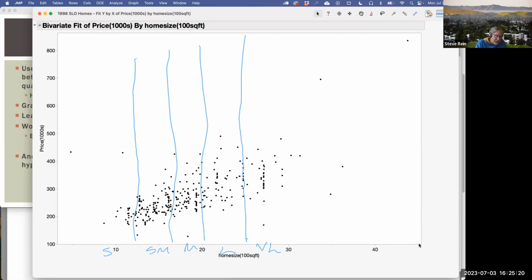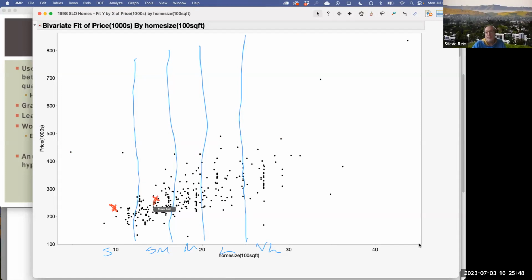I'm suggesting that if we were to find the average price in the small homes, I'm just going to plot it right there. And you're thinking that seems a little bit above all of them, except for those two up here that you might have missed. So I'm going to go back and remove the little dots. Okay, good. So in the small to medium homes, I'm going to say the average is there-ish.